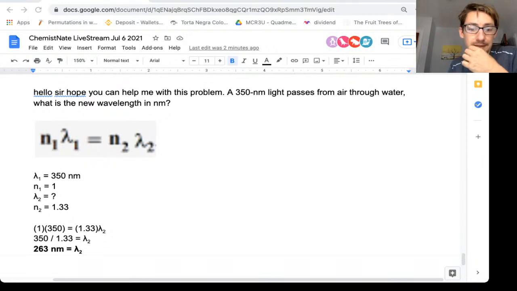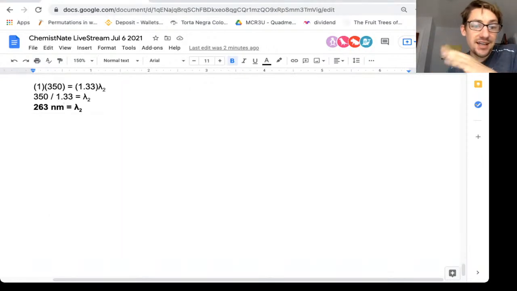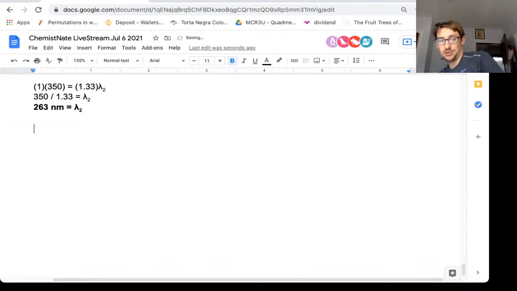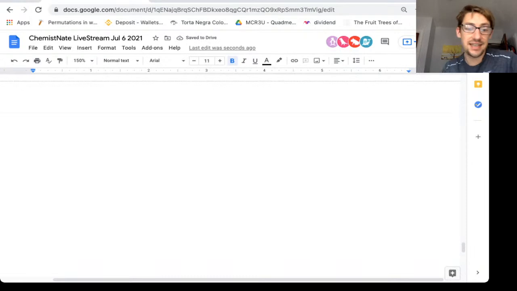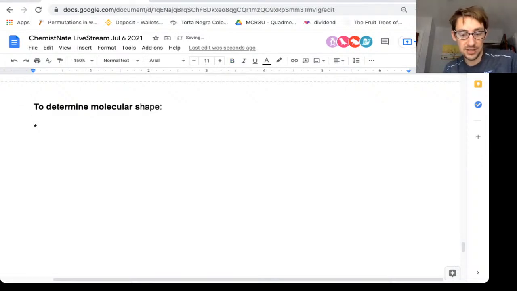Molecular shape. Everything I know about molecular shape comes down to drawing the Lewis structure and then seeing how far apart the lone pairs and atoms can get away from each other to determine molecular shape. Hopefully you guys know what Lewis structures are.